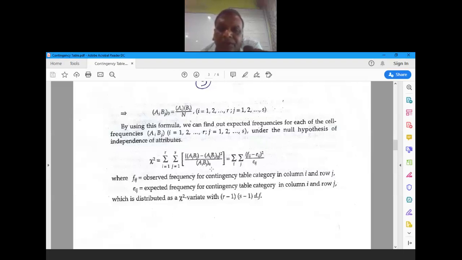And this is equal to the double summation of Fij minus Eij whole square divided by Eij.